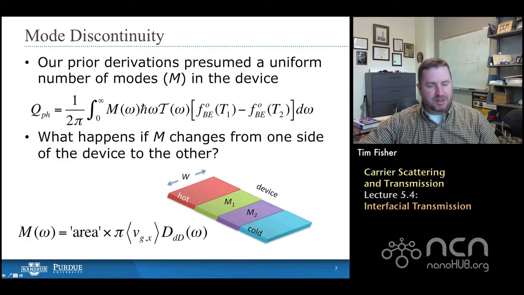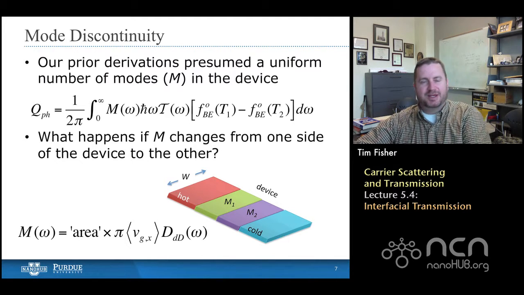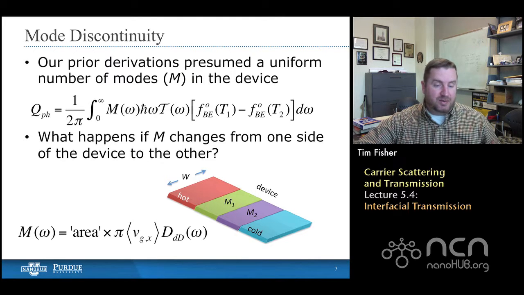Generally speaking, it was a product of area, in quotes, because it depends on the dimensionality. In the case I've drawn here, it's a 2-dimensional problem, so that the area is W. And then the product of the average velocity in the direction of interest and the density of states in the dimensionality of the problem. So that's our number of modes, and it can change from one side to the other.